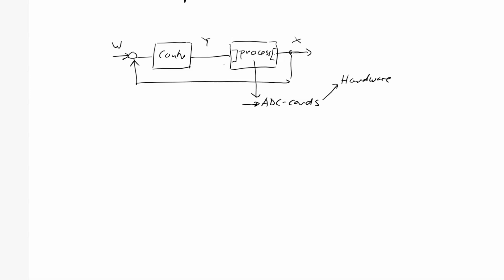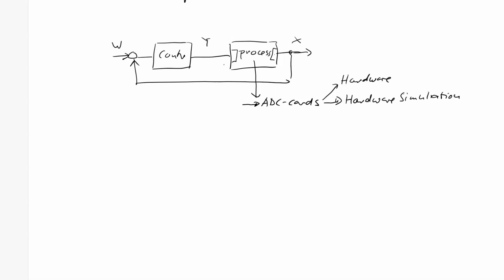In our lab we have different hardware and we can do this with different ADC cards, but of course for our lecture we can also select a hardware simulation, and then the computer works exactly like the hardware simulation.